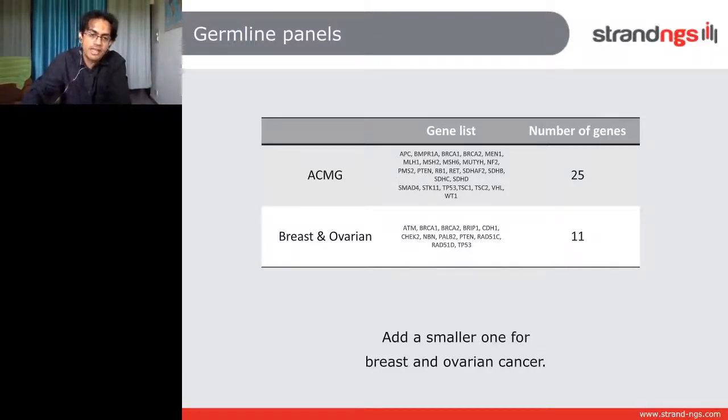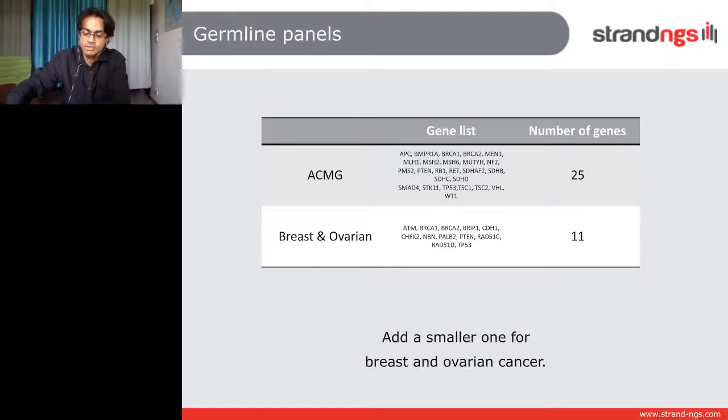So you see that once you're the PI of a clinical genomics lab, you start with something that's recommended by an organization like the ACMG, and then you start to stratify and start to figure out that you need more panels that target specific diseases. And this is actually very common. This broadens the scope of any clinical genomics lab.